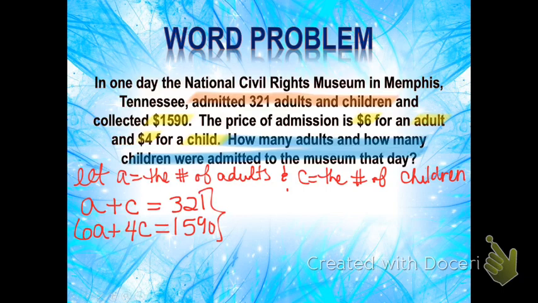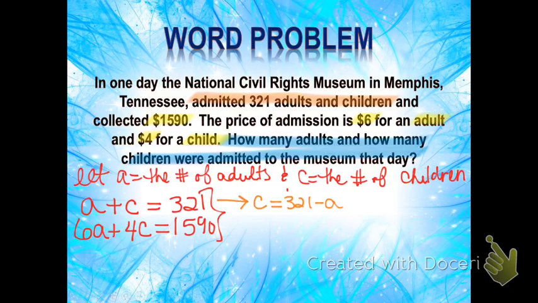And because I have coefficients equal to 1 in the top equation, it's probably going to be easiest to solve this system with substitution. So I'm going to take the top equation and solve it for C by subtracting A from both sides.